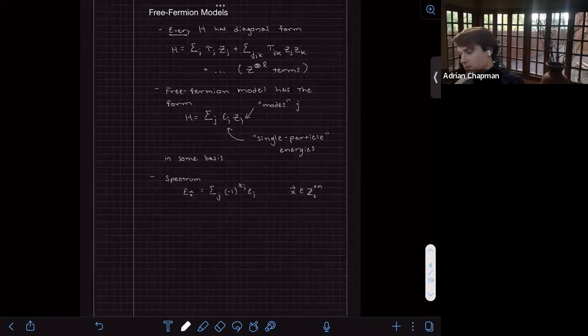Right, so just to jot down a few things, as I said, this is kind of a classical paramagnet in the eigenbasis.